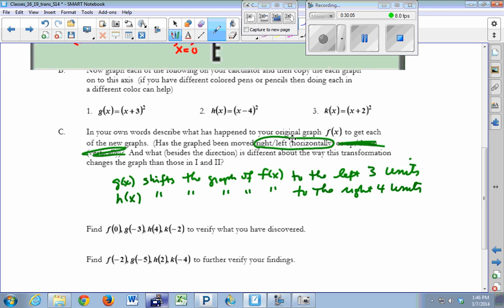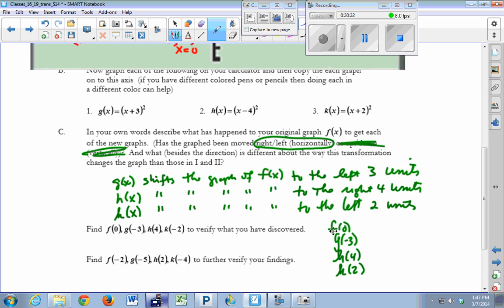And then k of x, I didn't graph that, but it follows the same idea of what happened in number 1. It's going to shift the graph of f of x to the left 2 units. And then we can find f of 0, g of -3, h of 4, and k of 2.